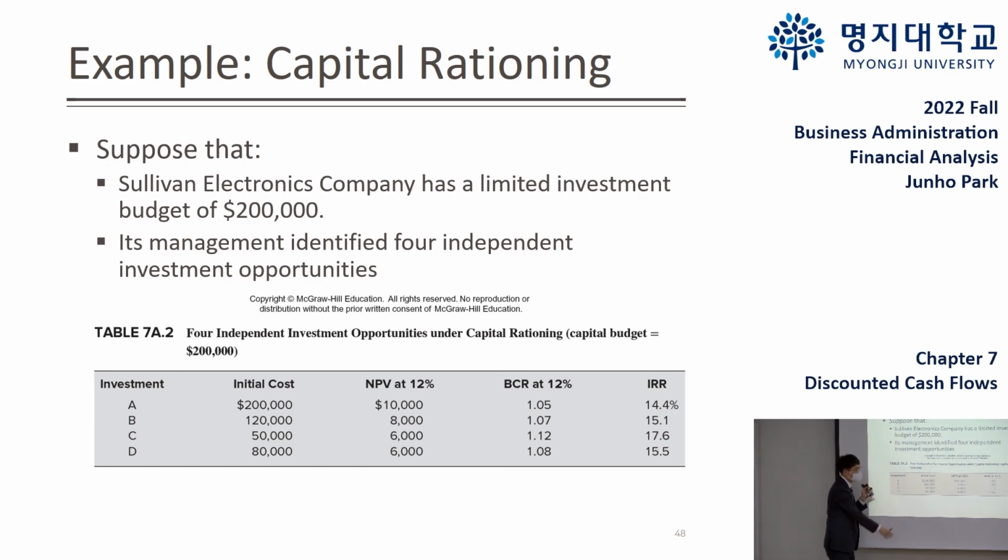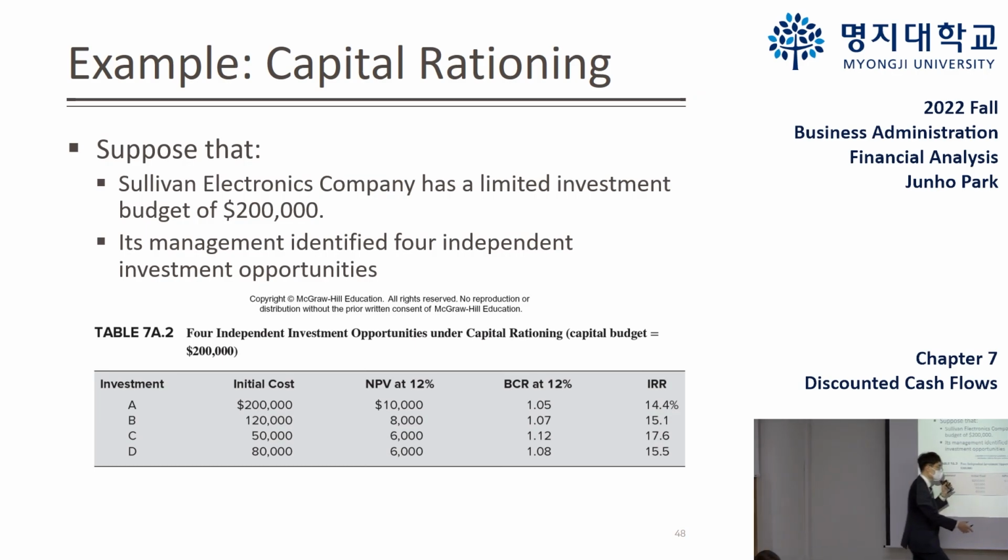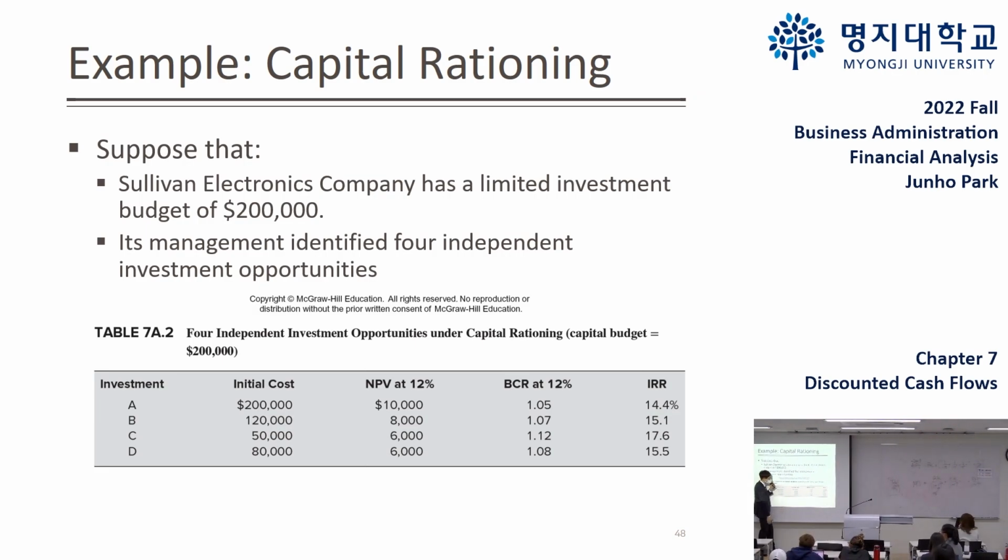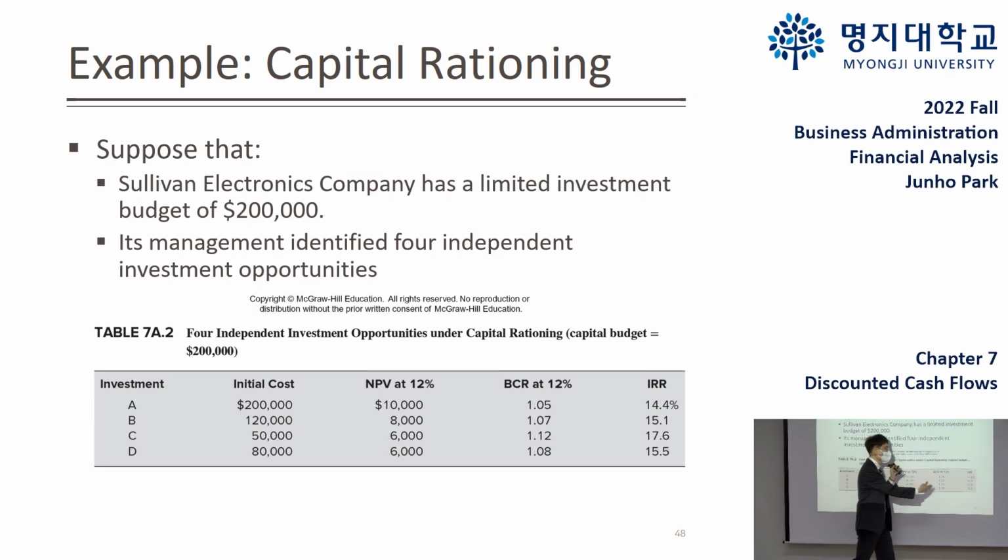Therefore, in this case, you can say that BCR is wrong. So that's why I always emphasize the usage of the net present value. This is the only truth that you can rely on, but sometimes BCR or IRR can give you some wrong information depending on the circumstances.